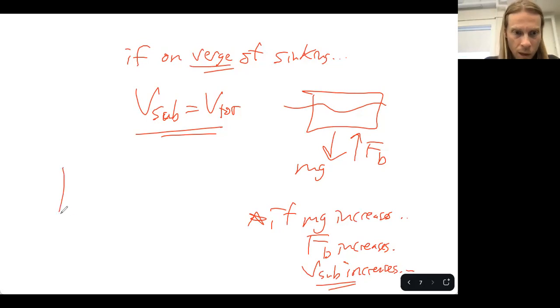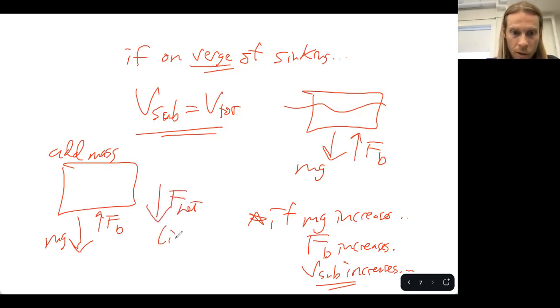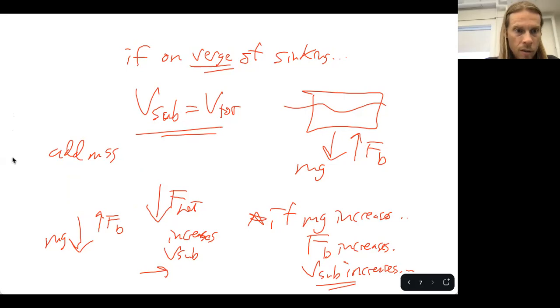But what happens really? What happens is if you add mass, this vector gets bigger, but FB is the same. So it goes down. So I have a net force down, which increases V sub. My eraser erased my box there.